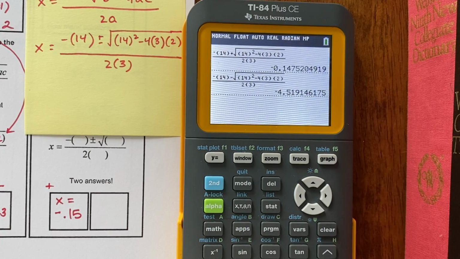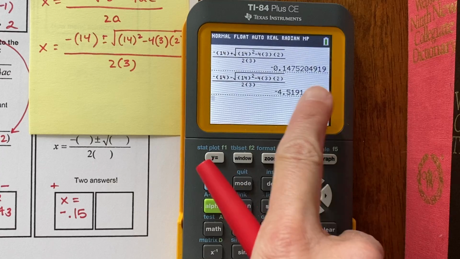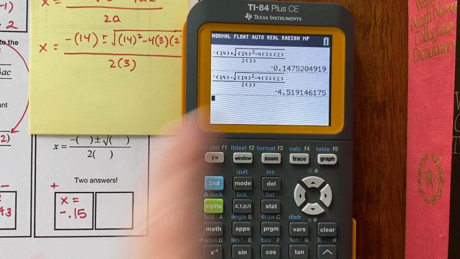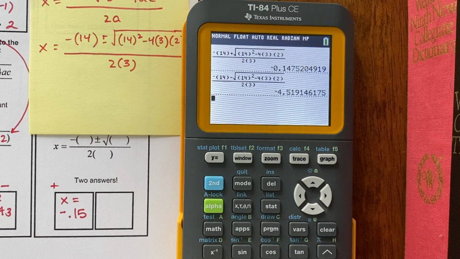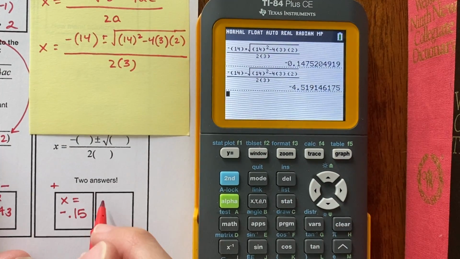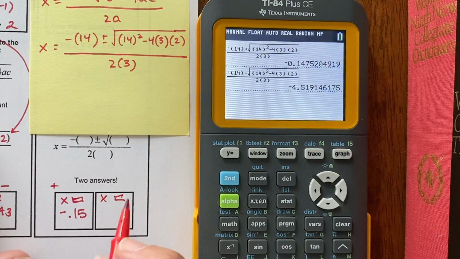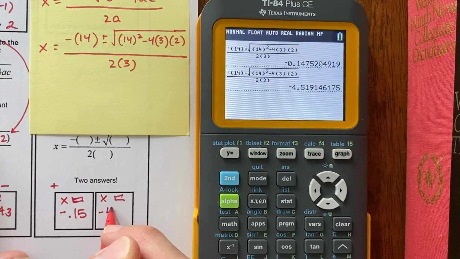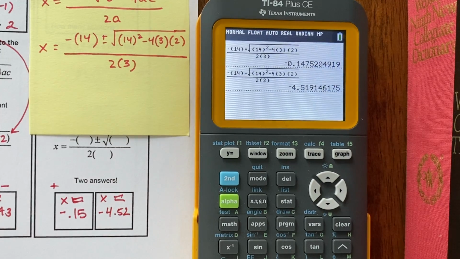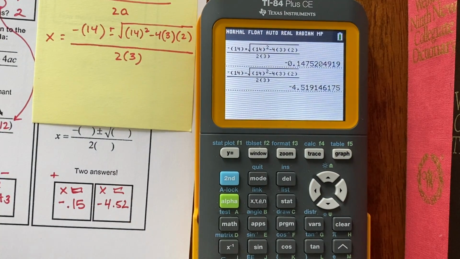And I got negative 4.519146175. So again, round to that. The 9 would round that up to a 2. And your answer would be x, oops, I keep forgetting the approximately, I'm sorry. x approximately equal to negative 4.52. Okay.